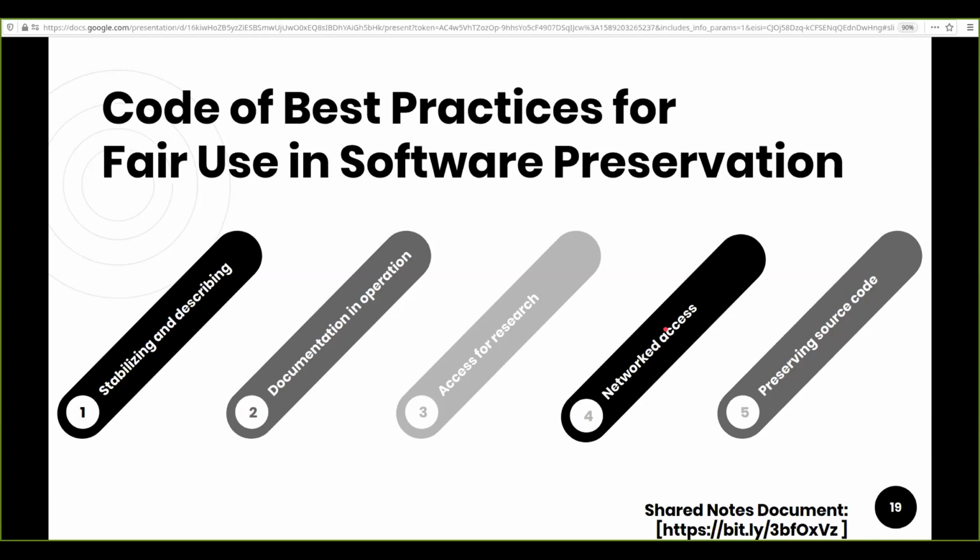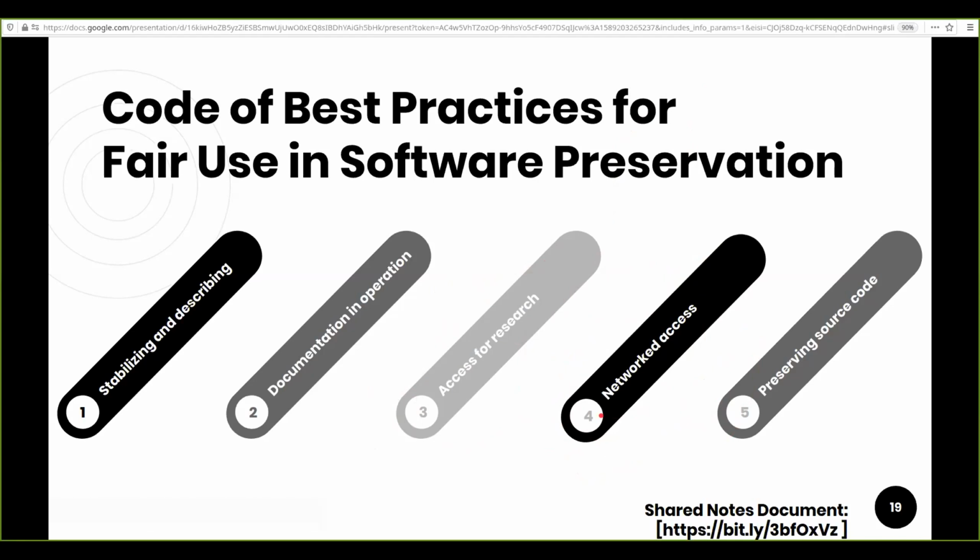They took a look at the problem of proprietary software and copyright in a software context, and whether libraries, archives, and museums were justified in their use and possibly distribution of proprietary software, even if it's abandoned, even if it's old. Were we justified in using old software for the purpose of providing access to legacy digital objects for research? Were we justified in networking that software together and allowing us to share?